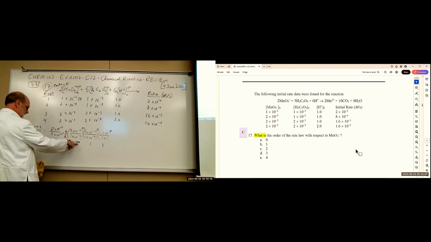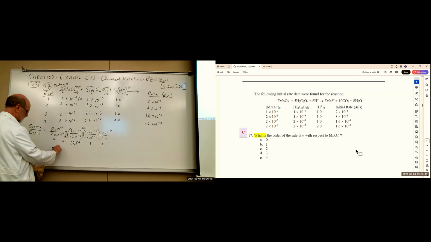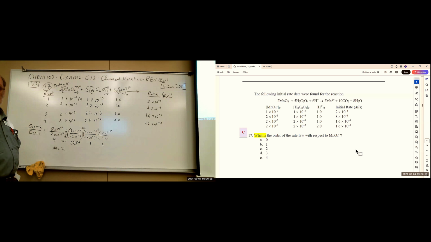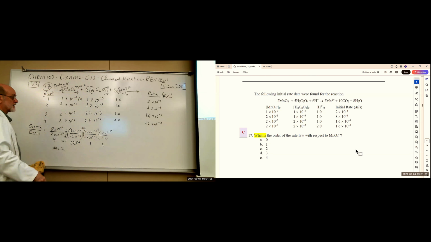So what does m have to be to give you 4 from 2? m equals 2. Right. Square the 2 and you get 4. So the answer is C, 2, for the order of this one. We could do the same thing for the rest of them.